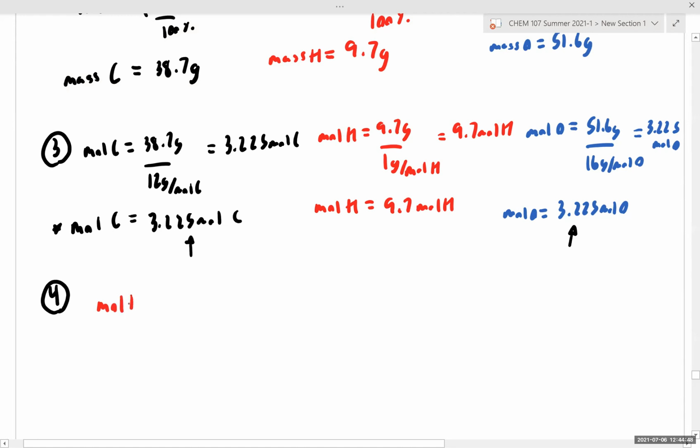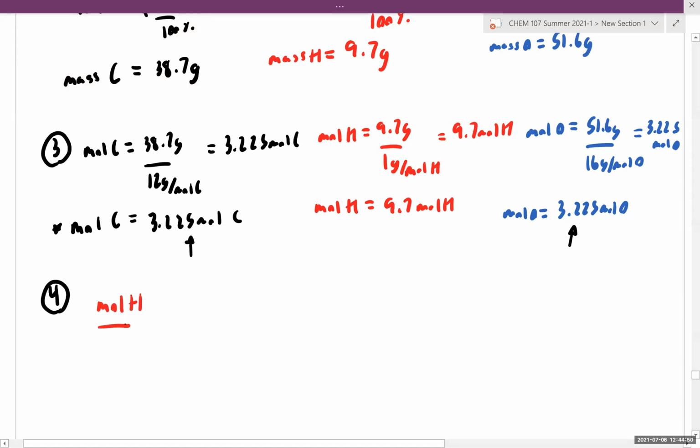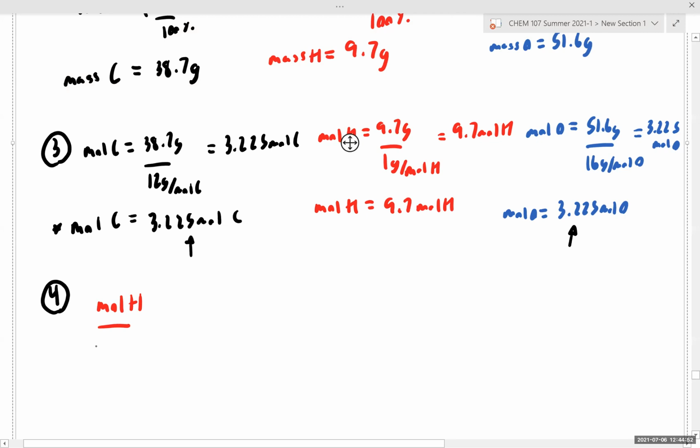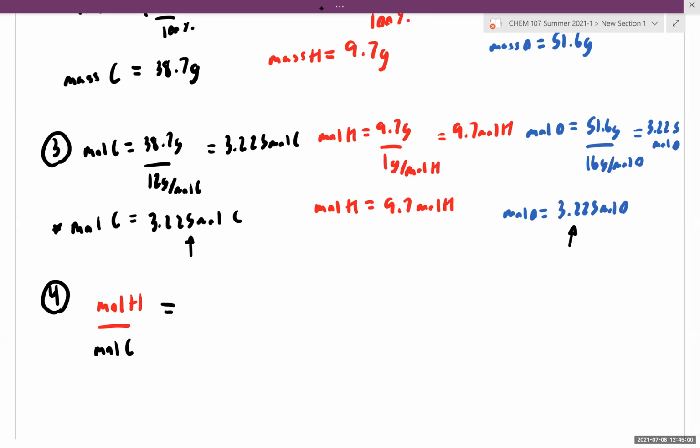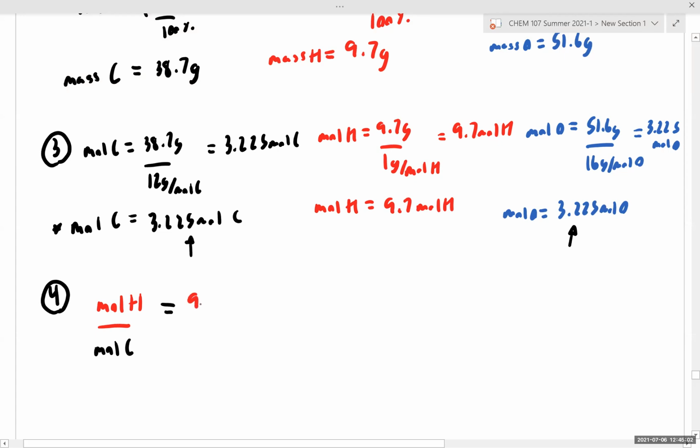So then let's calculate our mole to mole ratio. What is the mole to mole ratio of hydrogen to carbon? Is it 3 to 1? Yep, exactly right. We have 9.7 moles of hydrogen and 3.225 moles of carbon.